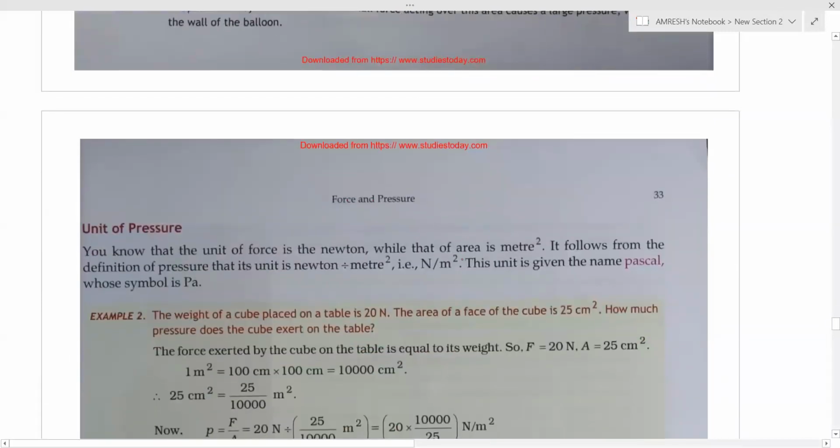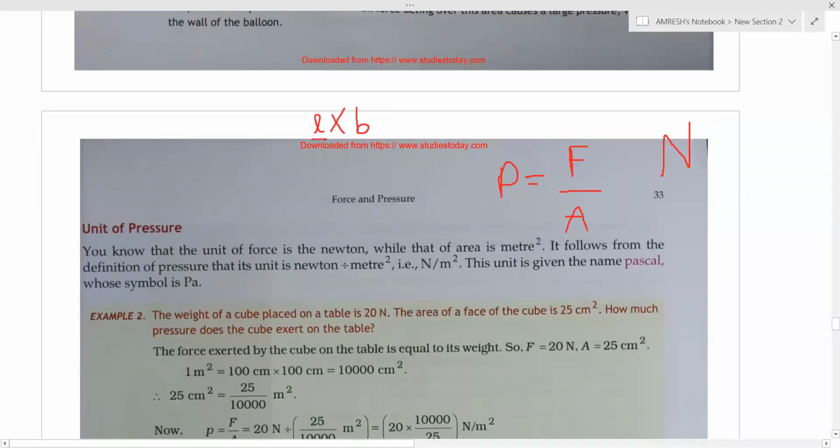What is the unit of pressure? Pressure means force by area. What is the unit of force? I told you in the previous class: Newton. And area means length into breadth. Normally, the area of the block is length into breadth.